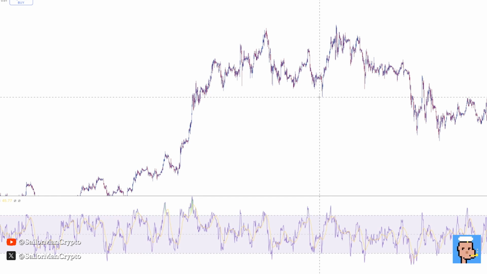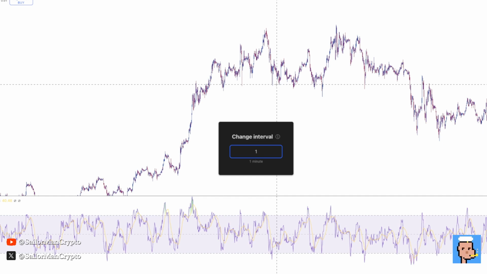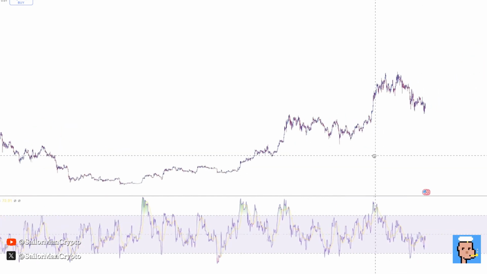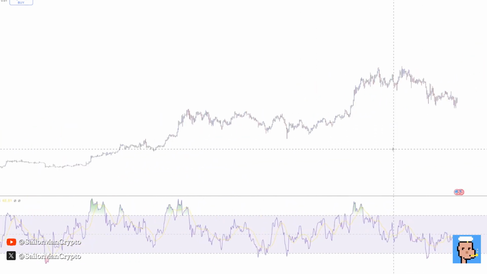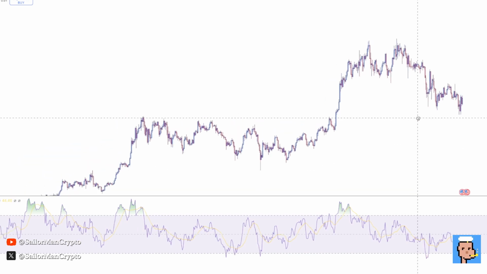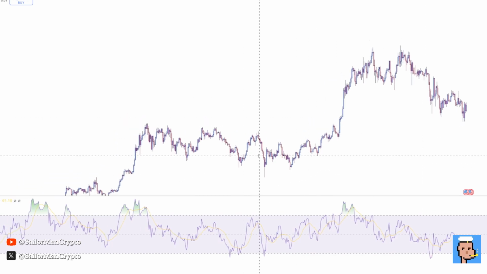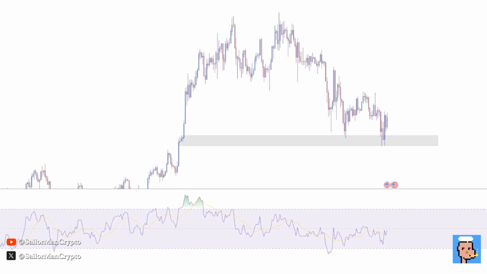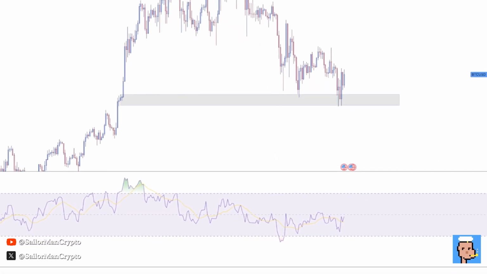So just to use some example, let's see, on the daily chart. If you see this level, for example, not clear, probably here. If here we can say there was some sort of OB, we can see that at every bounce that we had here, there was a divergence.